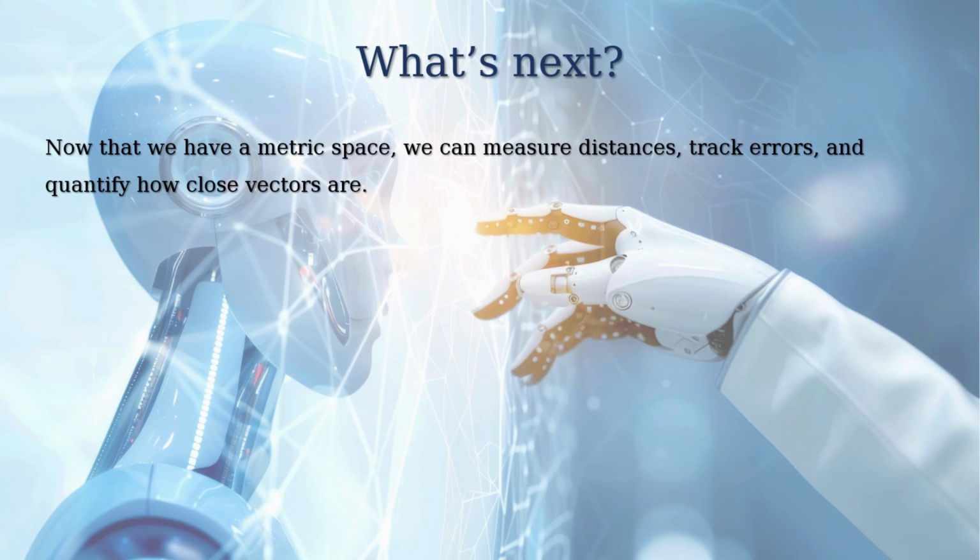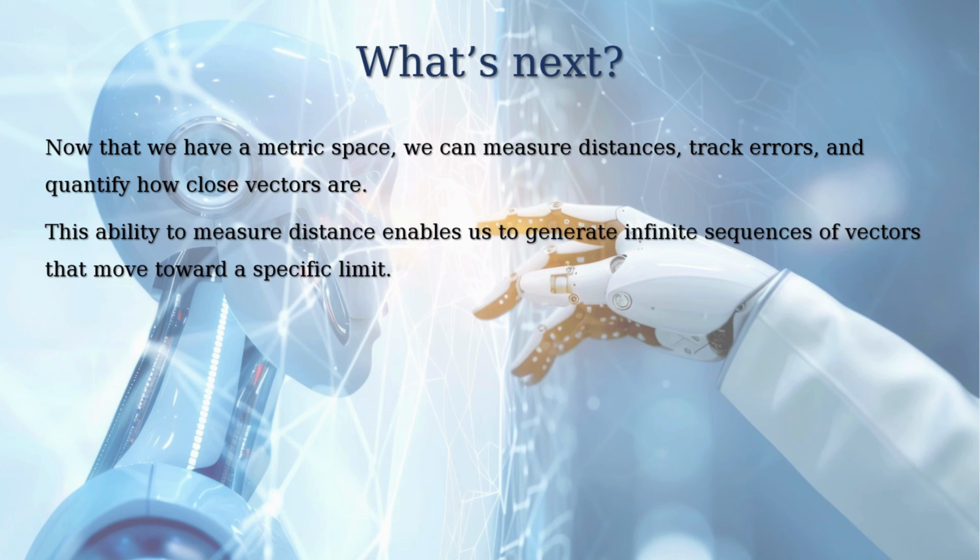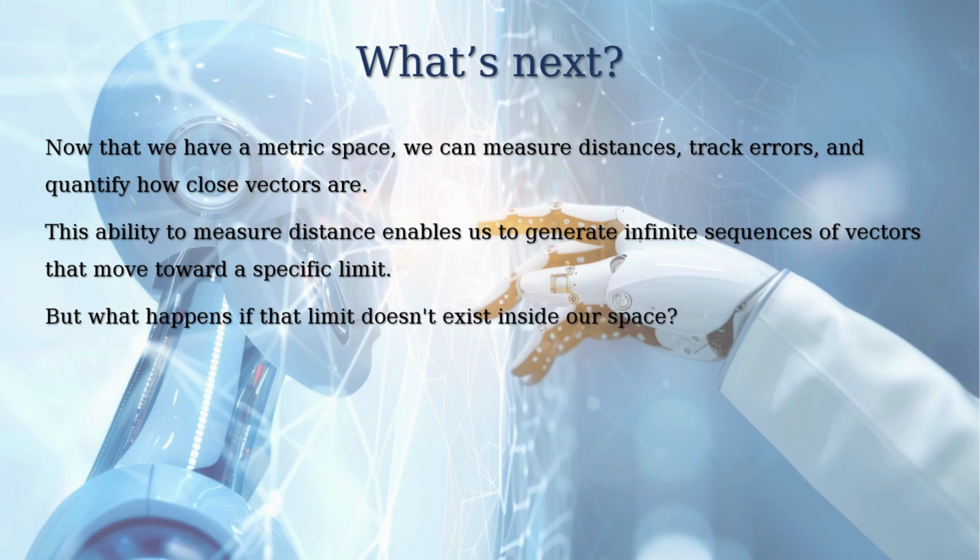Now that we have discussed a metric space, we can measure distances, track errors, and quantify how close vectors are. This ability to measure distance enables us to generate an infinite sequence of vectors that move toward a specific limit.